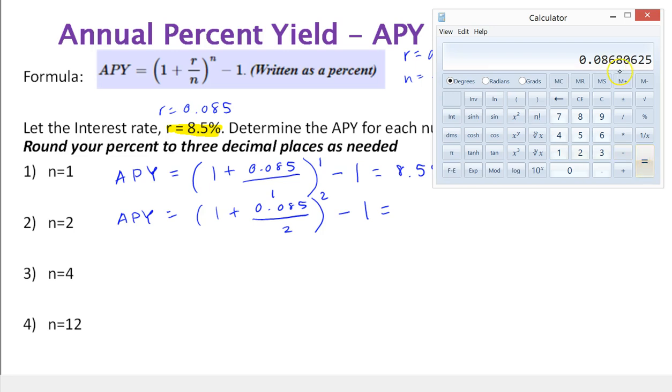And now we want to rewrite this as a percent, so we multiply by 100. Okay. And we were asked to round to 3 decimal places, so that would be 8.68. Here there's a 0, but to the right there's a 6, so we're going to round that up to a 1. So 8.681%.